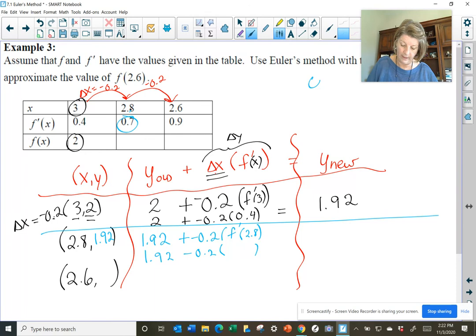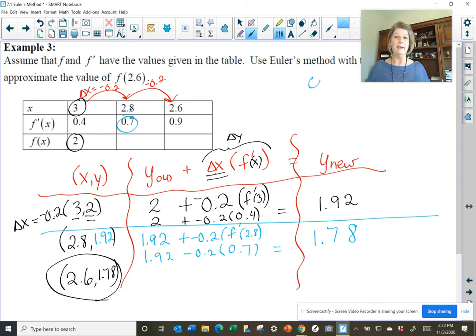F prime at 2.8 is 0.7. So that's 14 with 2 decimals, a negative 0.14. So 1.92 minus 0.14, decreasing it, gets me to 1.78. There's my updated y value, and that is where I stop. I get (2.6, 1.78).